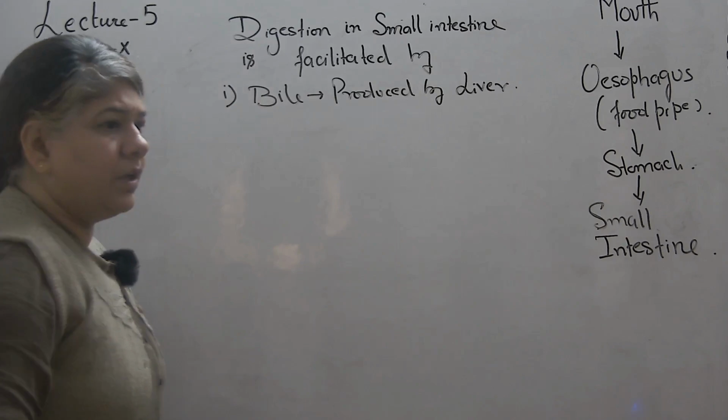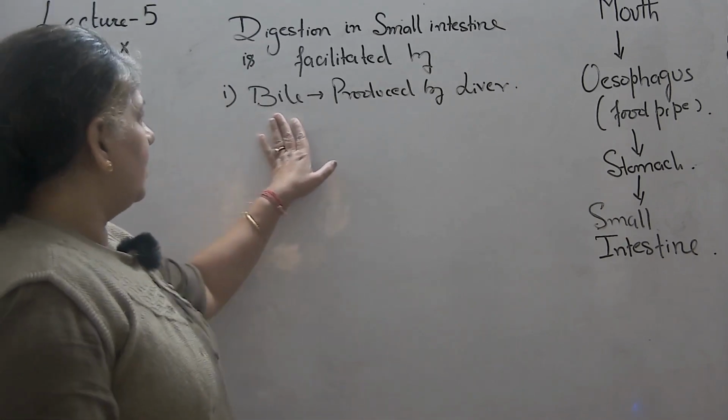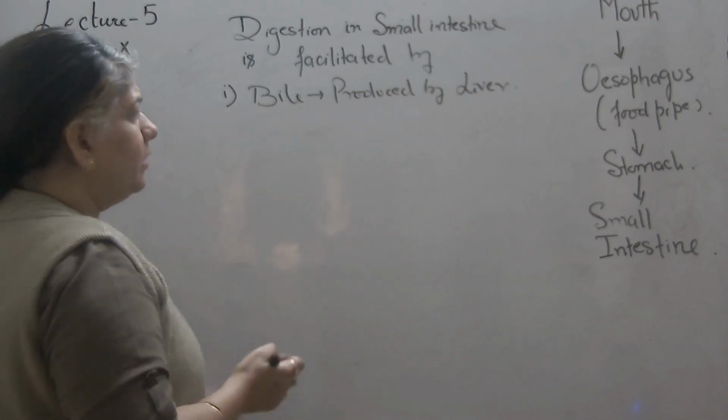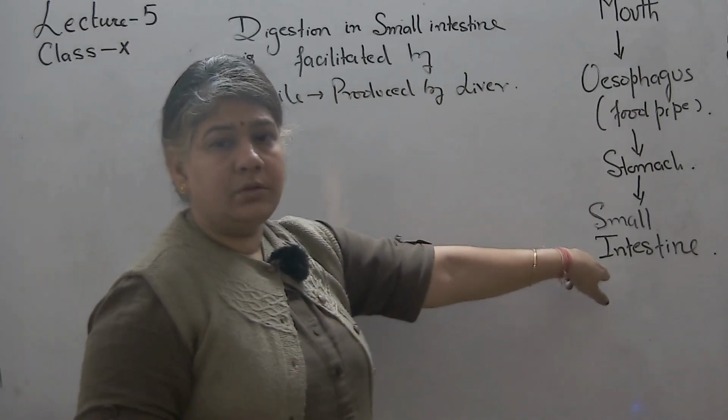Liver will produce this bile juice, and it is poured into small intestine.